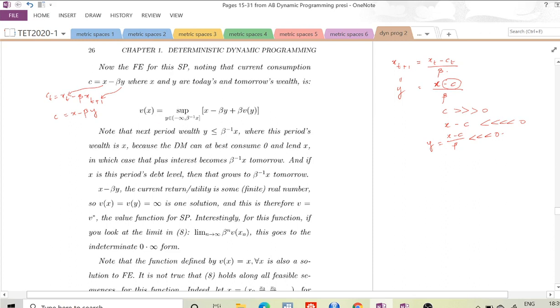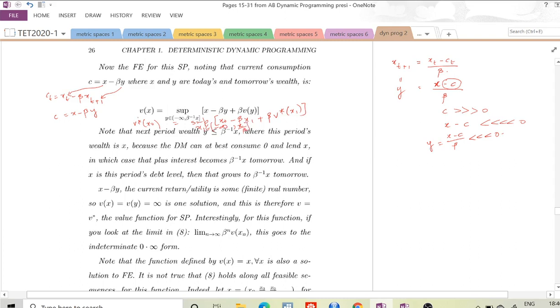So this is the functional equation. So does V star equal to infinity for every X naught satisfy this? Well, V star of X naught is equal to sup of X naught minus beta X1 plus beta V star of X1, where X1 belongs to very negative to X by beta.